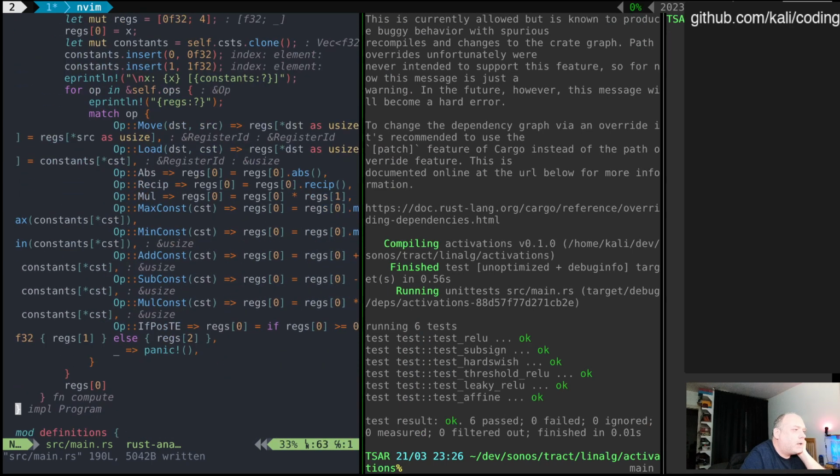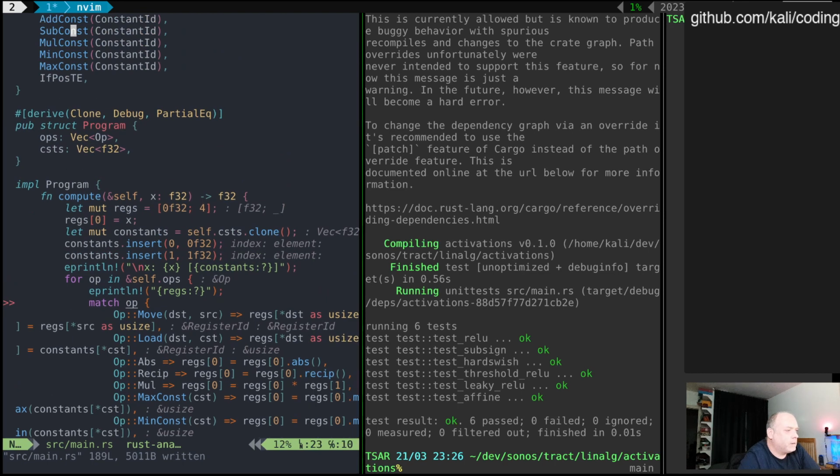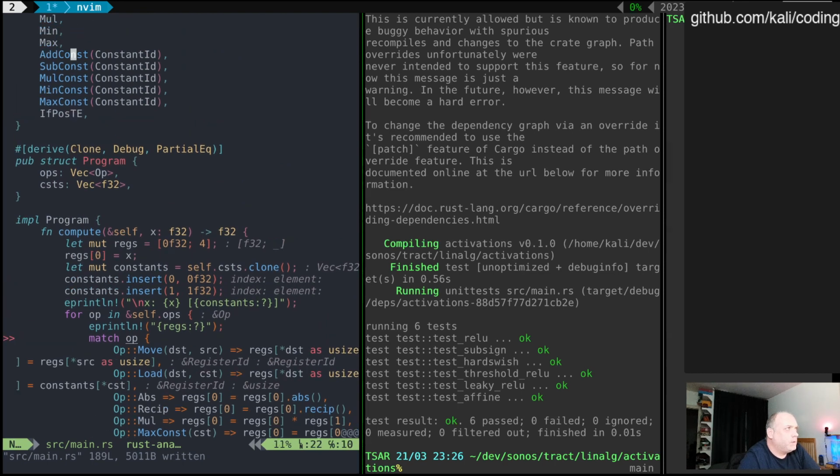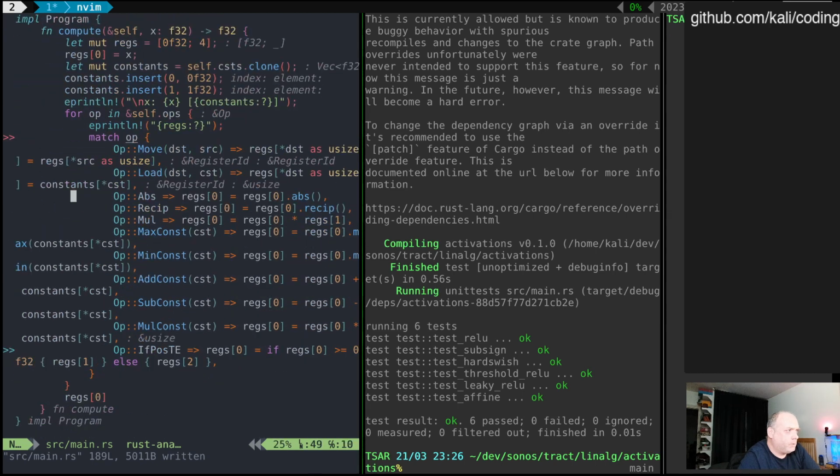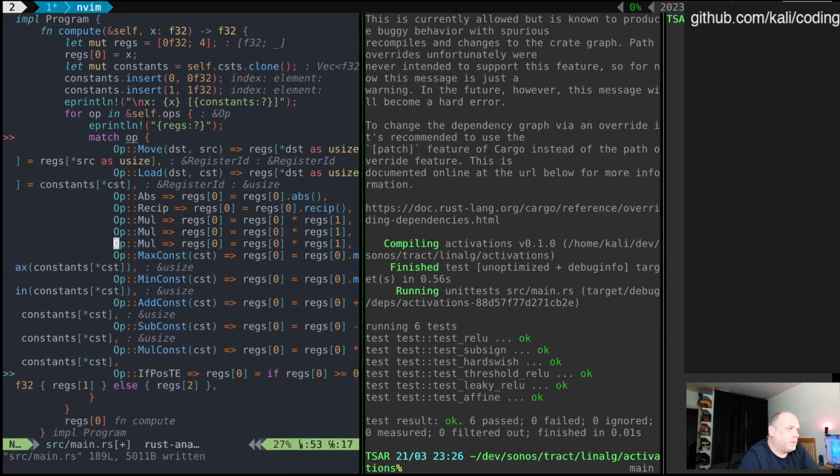I'm going to finish this by adding whatever is missing here. So we need the 5 binary ops, so that's going to be super fast.